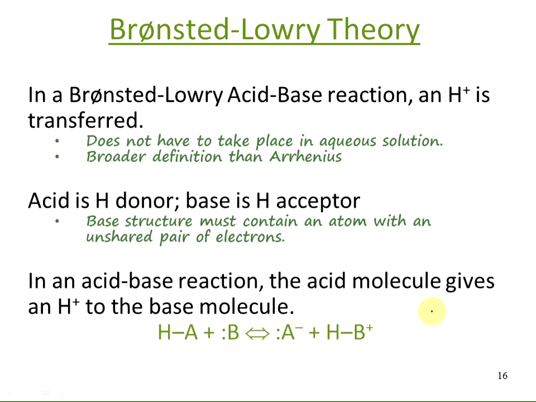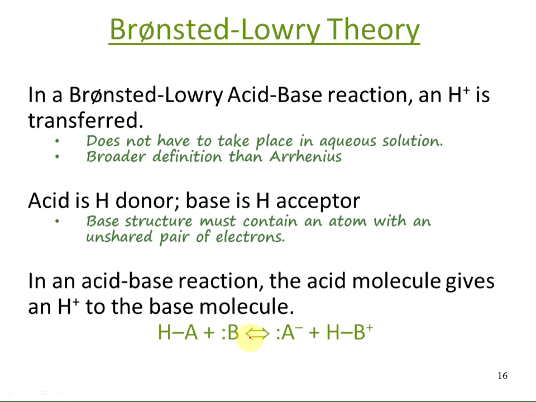In an acid-base reaction, the acid molecule gives a proton to the base molecule. So here in this generic reaction, we have this acid with the proton bound to it, so it's represented as HA. In the presence of a base, the base we've put a lone pair on that base, the proton gets transferred.